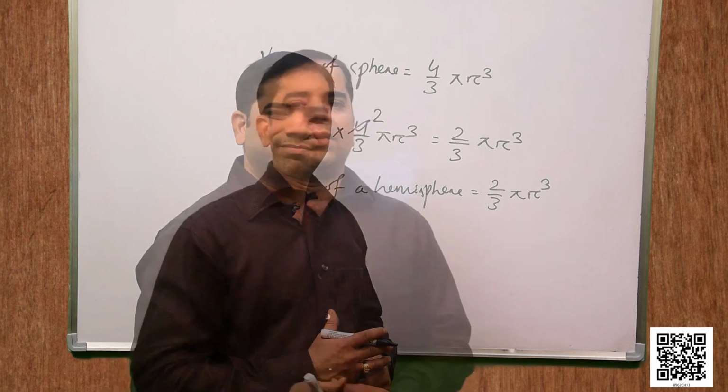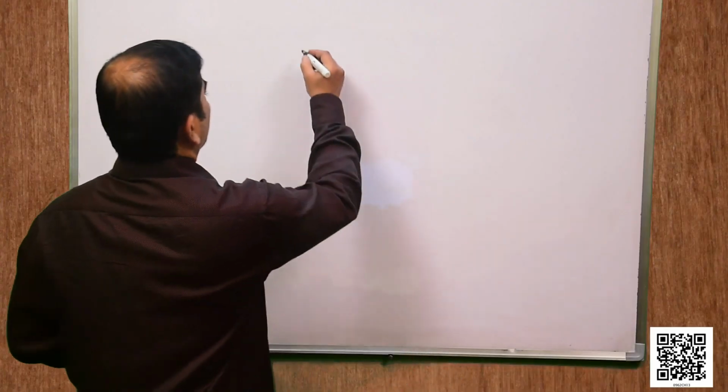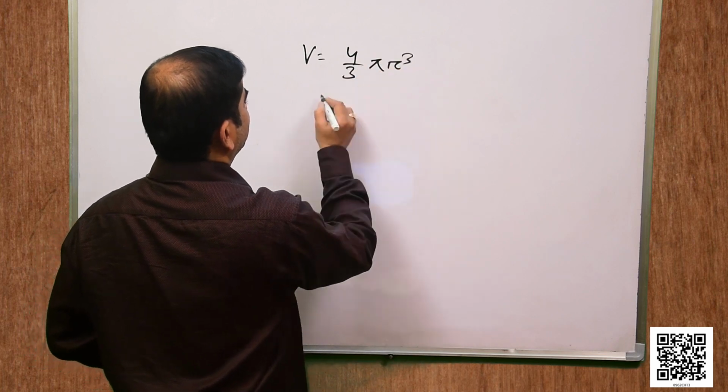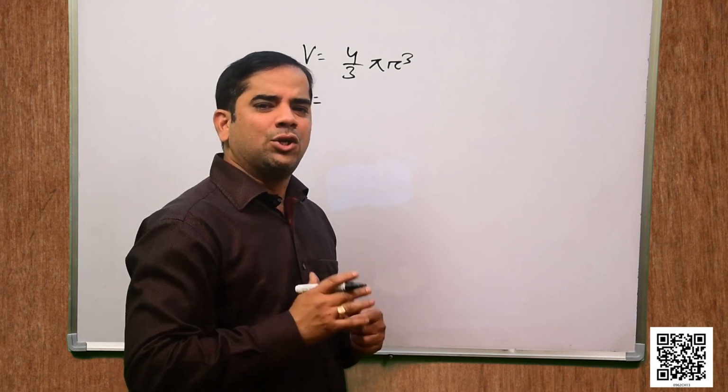Students, let us now discuss the examples given in your book. Example 17. It says find the volume of a sphere of radius 11.2 centimeter. Let us discuss the solution. So, volume is equal to 4 by 3 pi r cube. Radius is given as 11.2 centimeter.